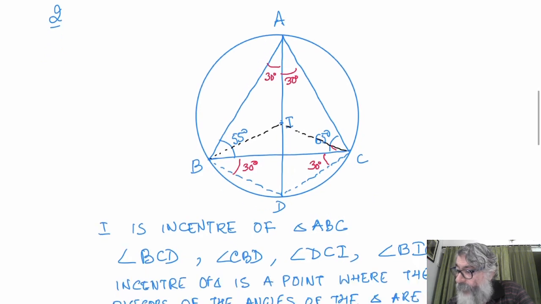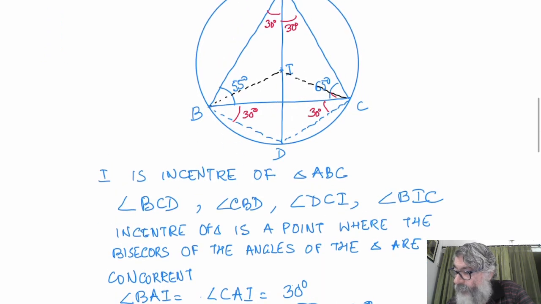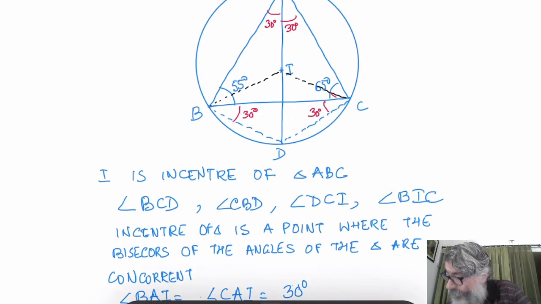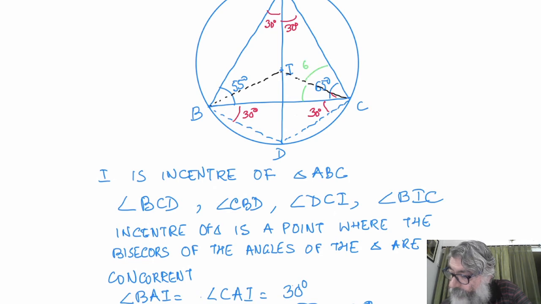Now let me mark the angles with different colors for your convenience. This angle will be 65 upon 2, 65 upon 2. Similarly, this angle is 55 upon 2 and 55 upon 2.